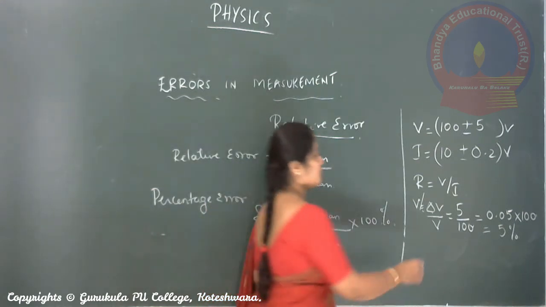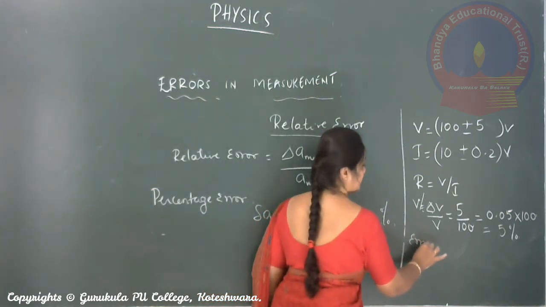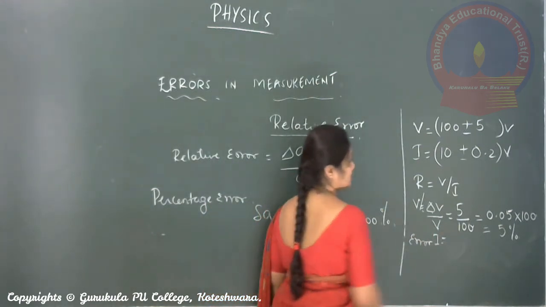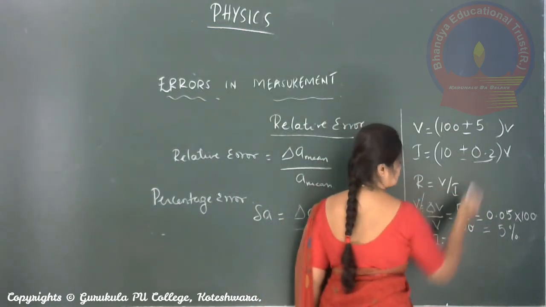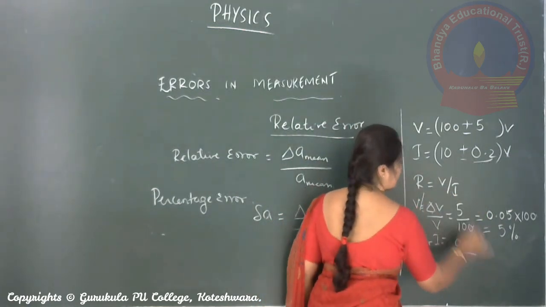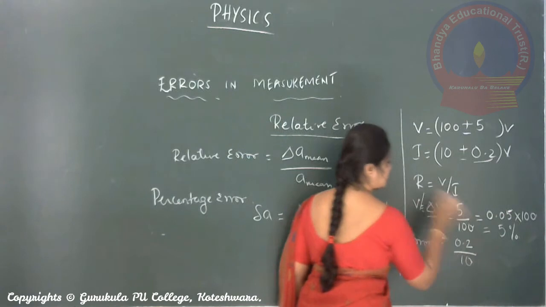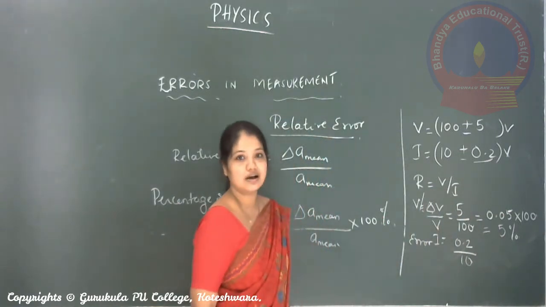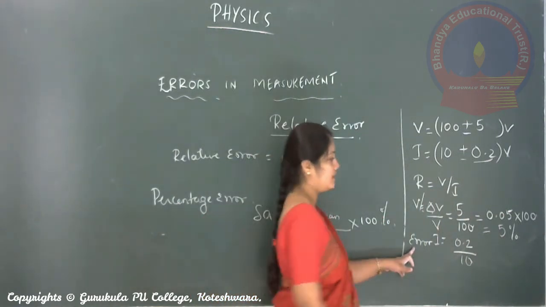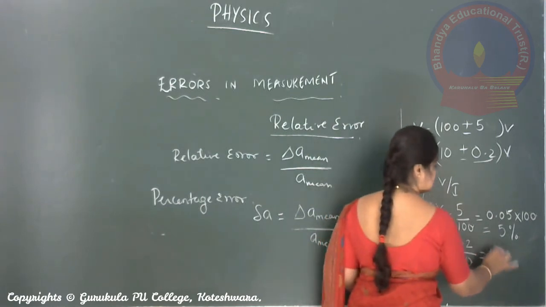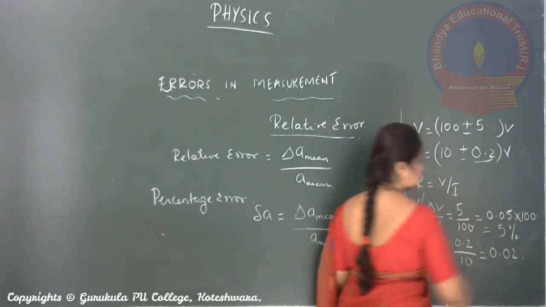If I want to find out the error in I, the absolute error is 0.2. The value is given to you as 10. So how much is the relative error over here? The relative error will be 0.02.